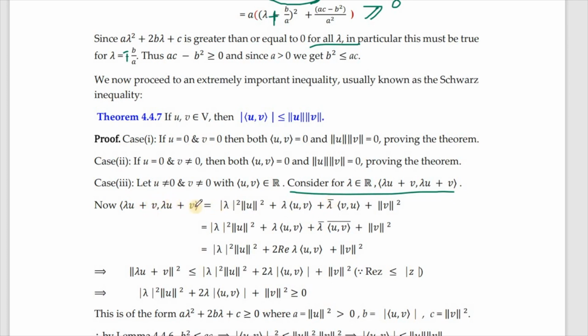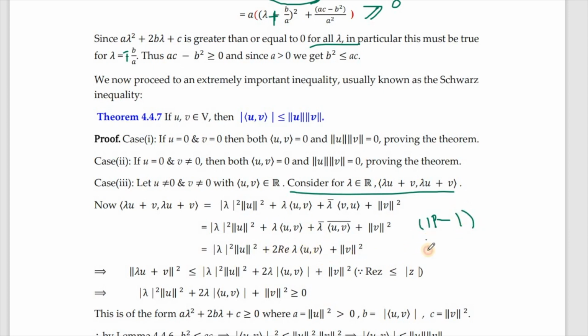So inner product VU you are left with, and this one inner product VV. So altogether you have 4 terms, right? So mod lambda square norm U square plus this we can rewrite as inner product UV conjugate. This is by IP1. So you can now rewrite this as 2 times the real part of this.